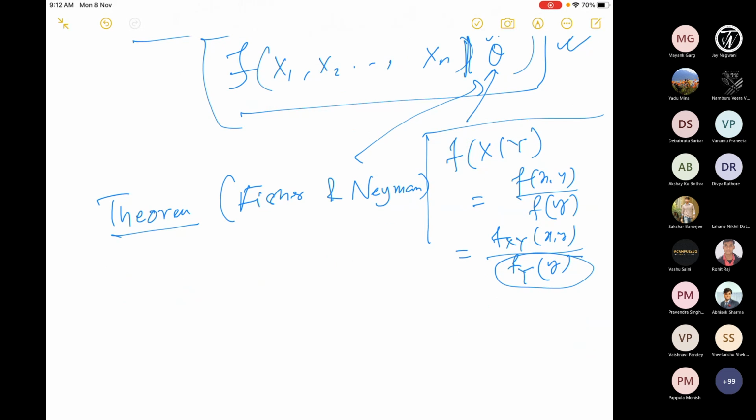So here, let's say we have x1, x2, xn, the random sample. And we have the joint distribution of x1, x2, dot dot dot xn and then theta. I'm writing a semicolon here because theta is the parameter, so this depends on the parameter theta.